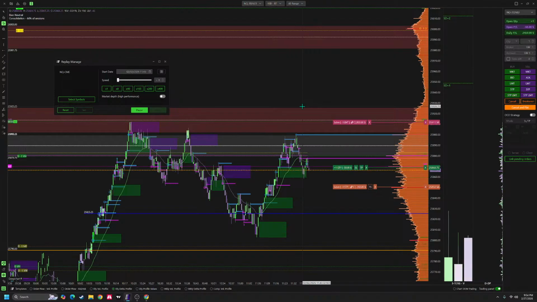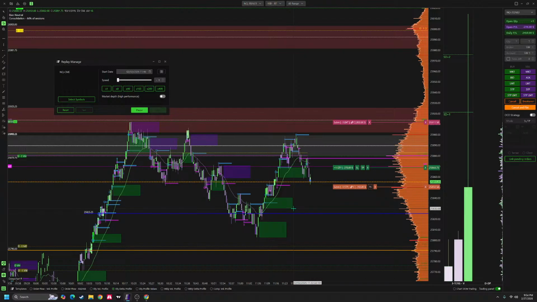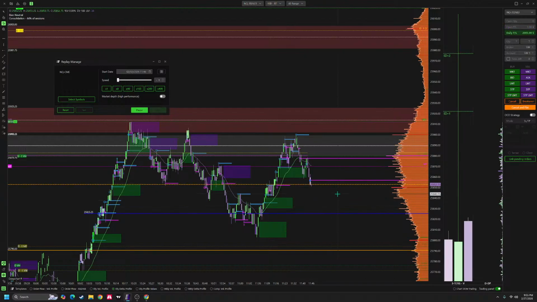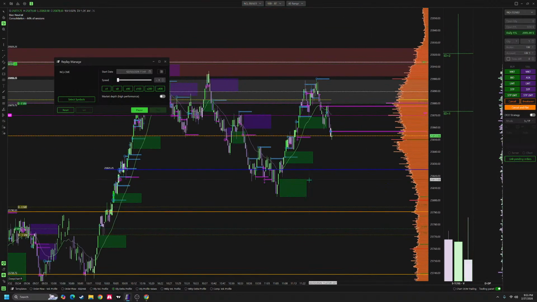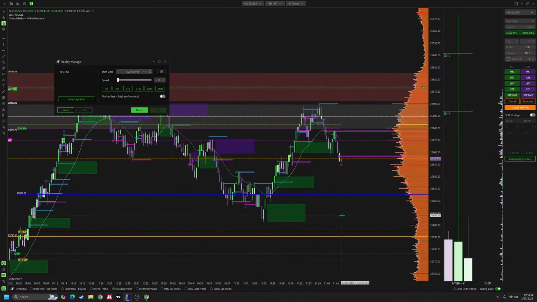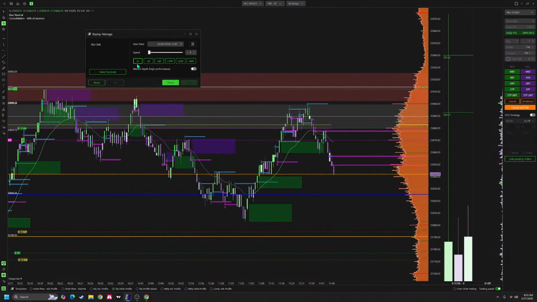It could just be a pullback, right? We flipped. It could definitely come all the way back to here, right? And we get stopped out, no big deal. All right, that's part of trading. Learning how to take losses is a very important skill without getting emotional about it.